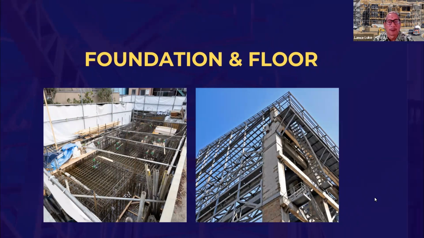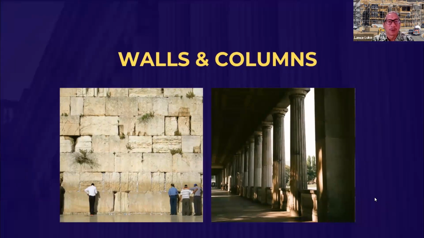So what do we have next? We have walls and columns. As you can see from the image on the left, this is from an ancient building. It could be a temple, and the walls are just made out of cut stone, like a pyramid. The image on the right is either Roman or Greek, something like that.